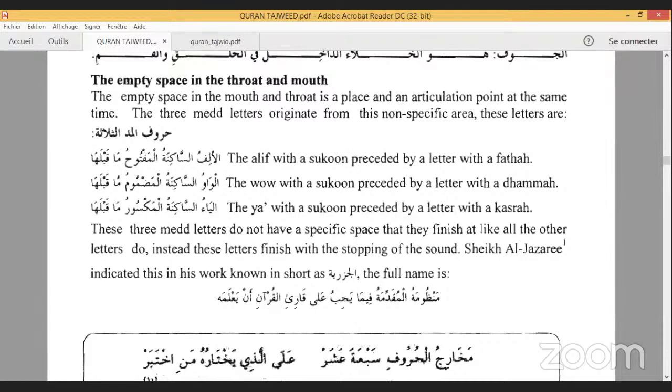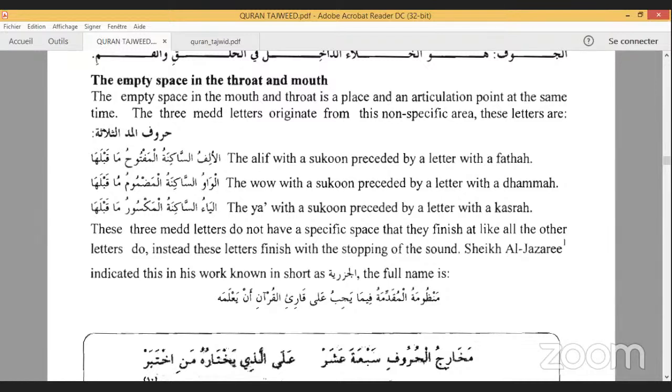The three mid letters originate from this non-specific area. These letters we call حروف المد. The first one, the alif with the sukun preceded by a letter with a fatha.